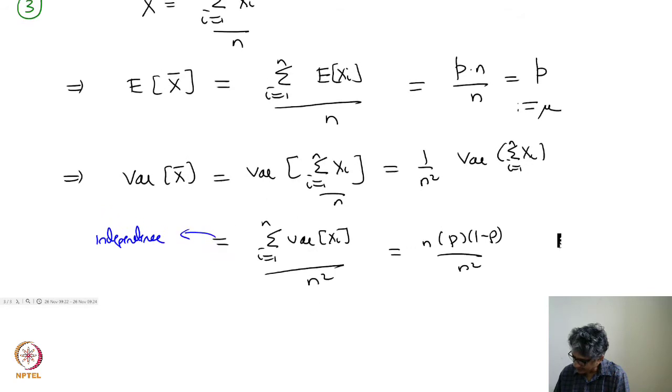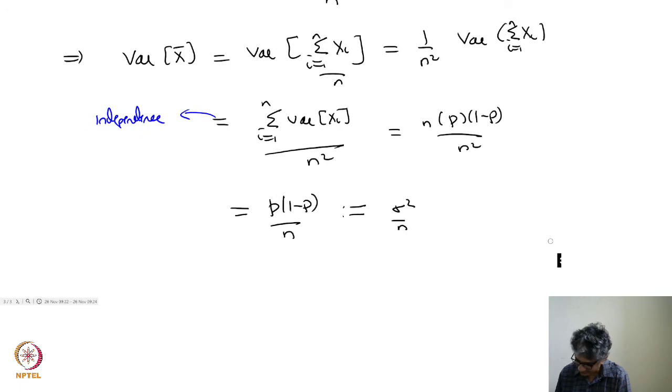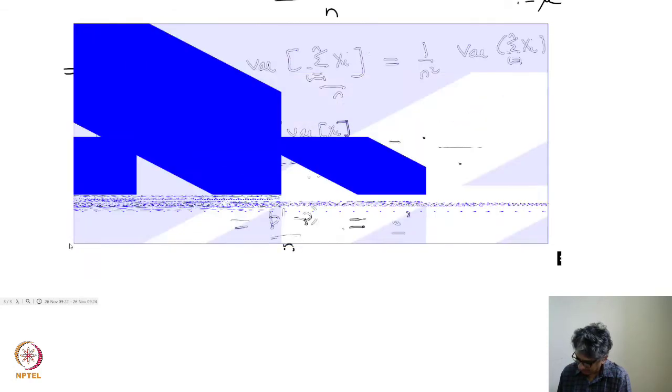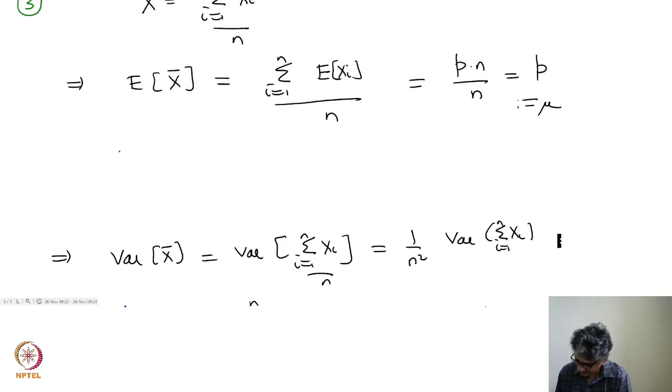Now what is this telling you? This part is telling you that, on an average, x bar is equal to its true value.